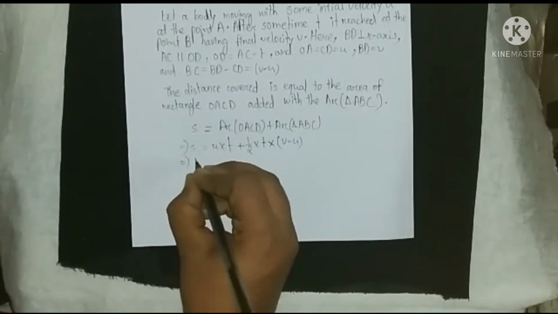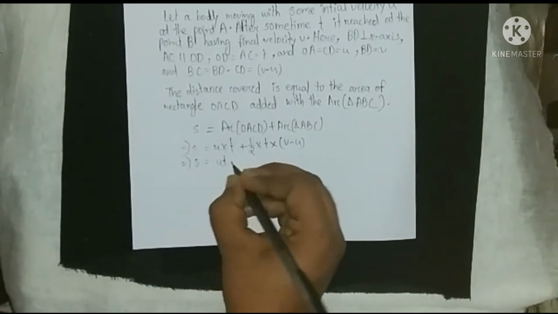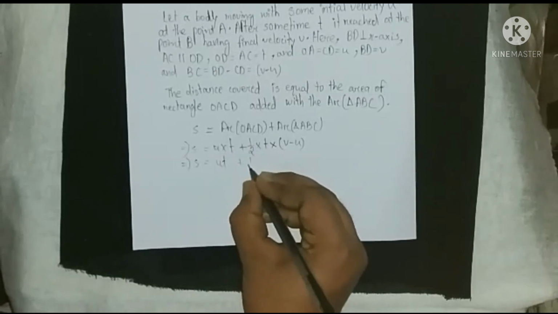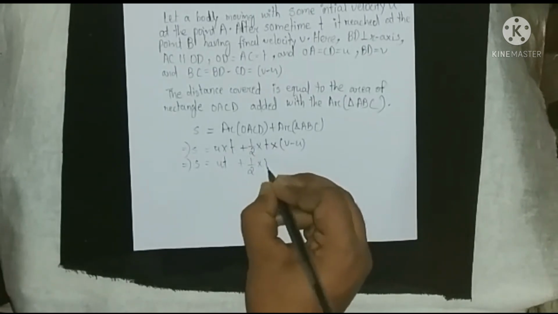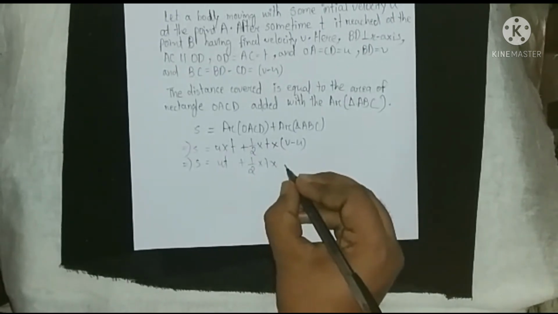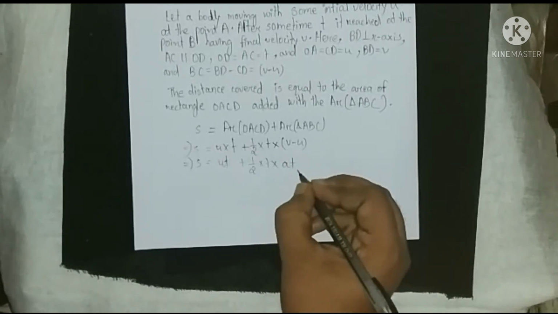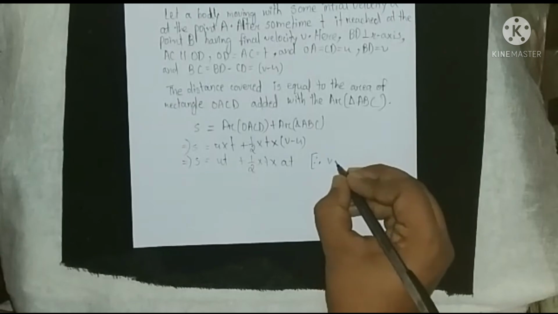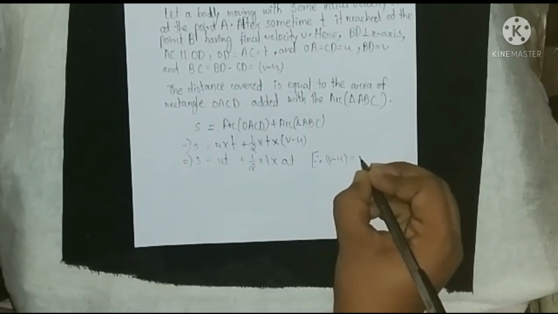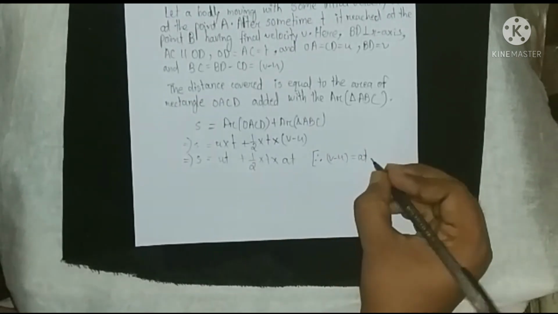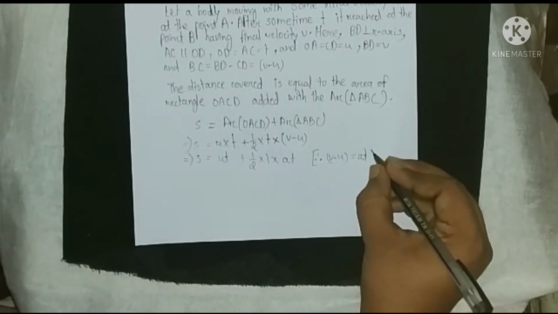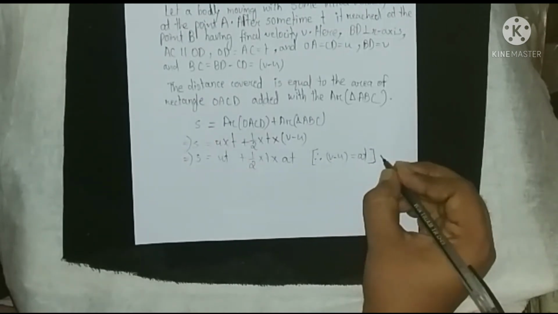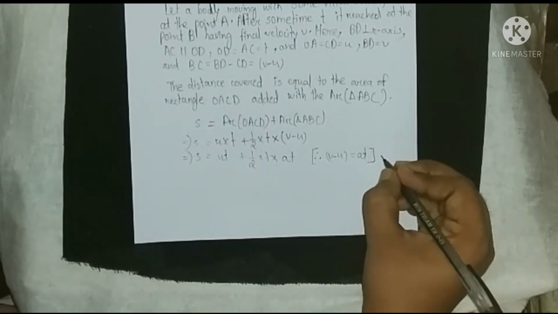Again it implies S is equal to U into t, ut, plus half into t into at. Where did we get the at? V minus U is equal to at, and we got this from Newton's first equation of motion.